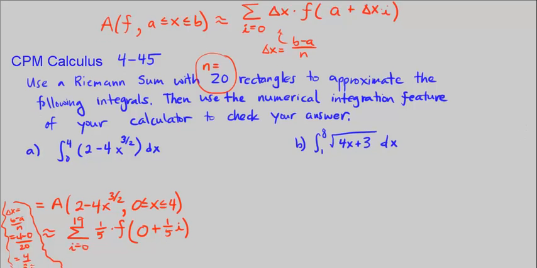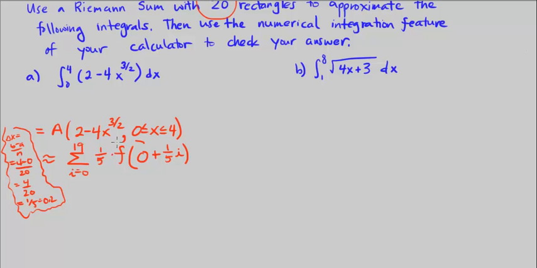If I plug this into my function, this is the input to our function f. Starting at 0 going to 19 of 1 over 5, and now this is the input to the function, so it's going to be 2 minus 4, and instead of x, I have 1/5 i to the power of 3 over 2.